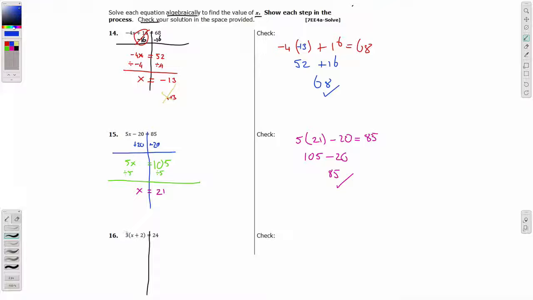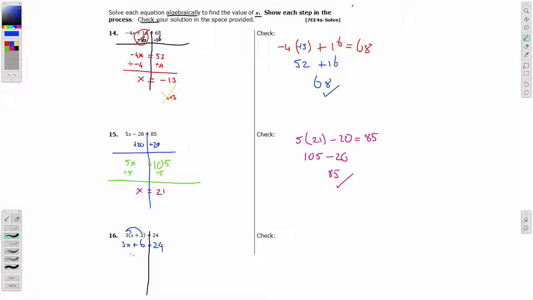I need to apply the distributive property because I can tell that this is 3 times all of this stuff that's inside the parentheses. So, in other words, that's 3 times x and 3 times 2. 3 times x is 3x plus 3 times 2 is 6 equals 24.